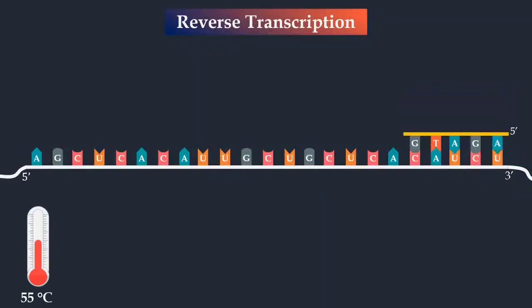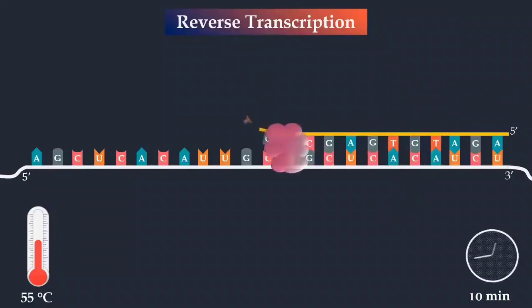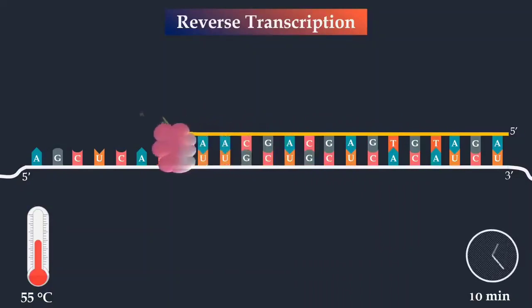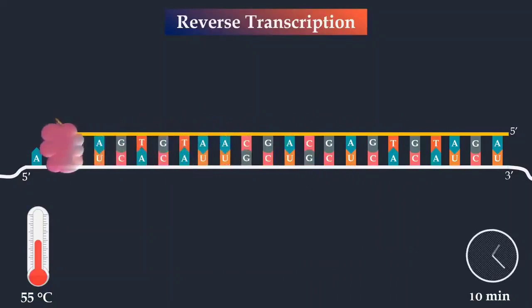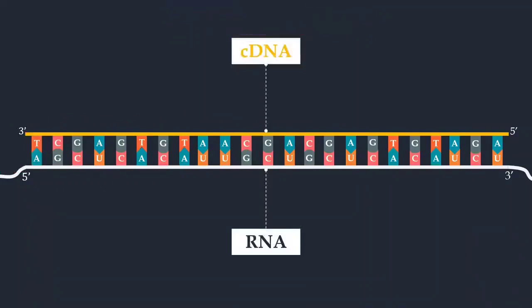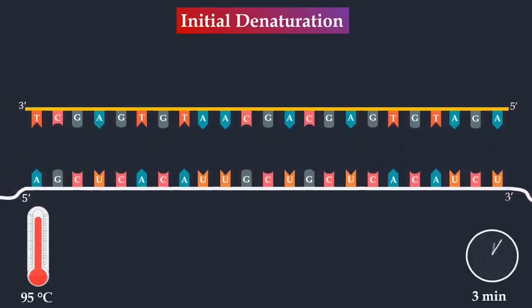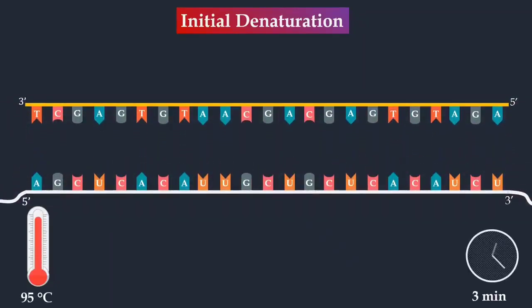Reverse transcriptase then adds DNA nucleotides onto the 3' end of the primer, synthesizing DNA complementary to the viral RNA. The temperature and duration of this step depend on the primer, the target RNA and the reverse transcriptase used. Next, an initial denaturation step is applied, causing denaturation of the RNA-DNA hybrids. This step is required for the activation of DNA polymerase and simultaneously the inactivation of reverse transcriptase.